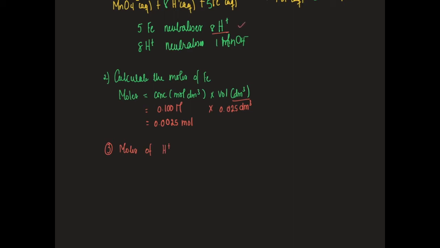So we're going to find the moles. And from this little equation here, it tells us that 5 moles of iron is equal to 8 moles of sulfuric acid. And we just found out the moles of iron.